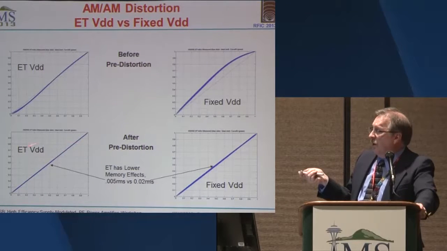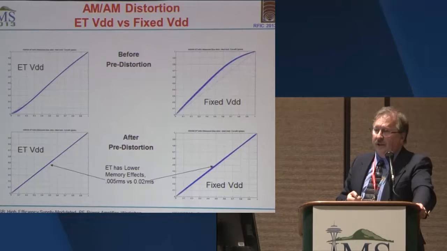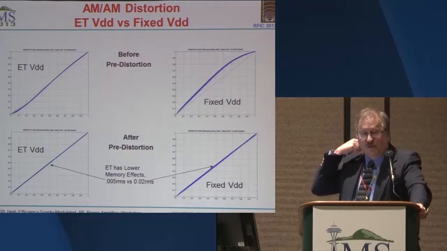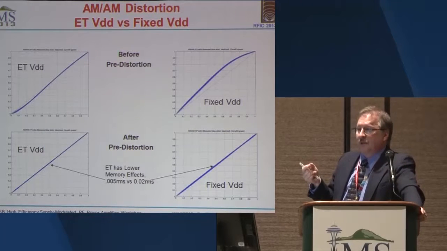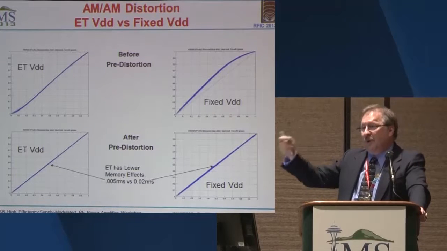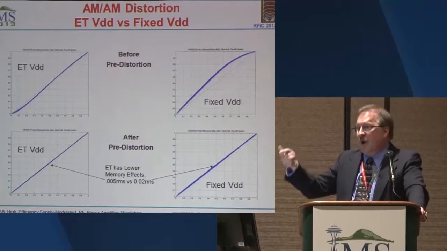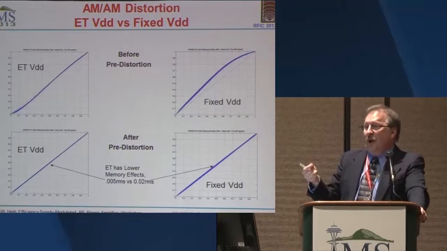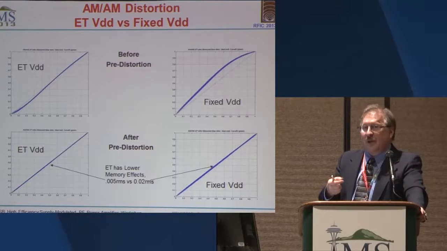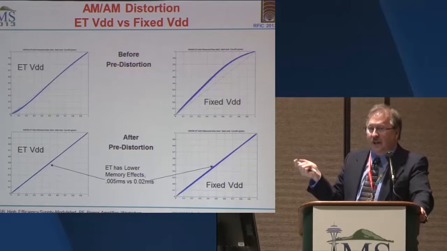It's about a quarter in the envelope tracking mode of what it was in the fixed VDD case. That's because the output supply voltage is being driven now. It isn't creating additional memory effect that's rippling through to the output. We're driving it in a high fidelity way, which actually reduced one of the memory effects that was contributing to the PA initially in the fixed VDD case.